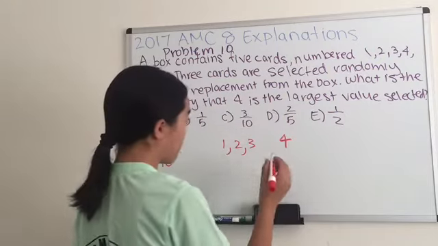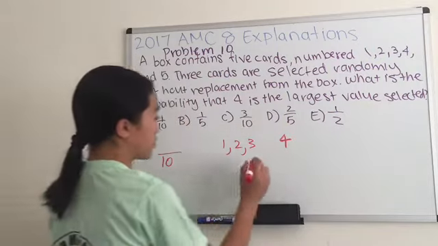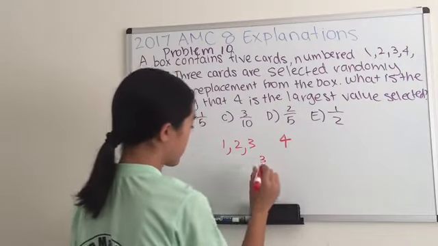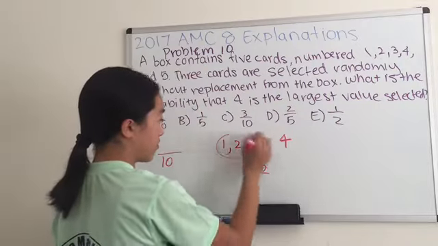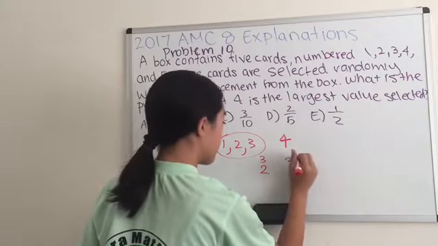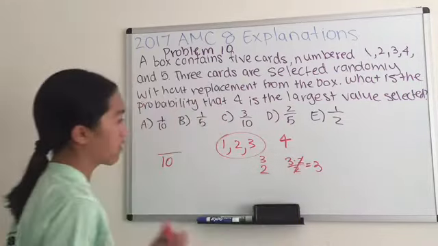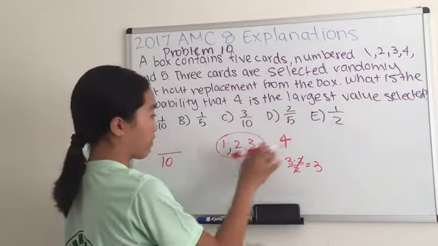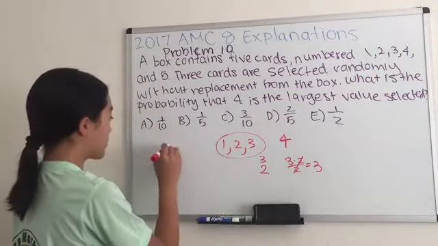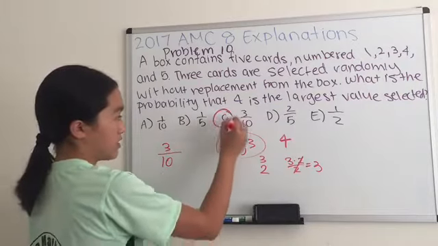So in order to figure out the number out of 10, we will do 3 choose 2, because we're choosing 2 numbers out of these 3. So that gives us 3. That means there are 3 combinations where 4 will be the largest number. So the answer is 3 out of 10, which is C.